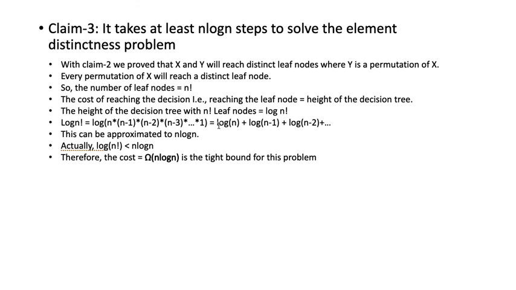Now this simplification can be approximated to n log n. In reality, log of n factorial is less than n log n, but we can say that the cost of reaching the decision in this problem has to be at least n log n. So that's why omega of n log n is the tight bound for this problem. So that proves the lower bound of the element distinctness problem.